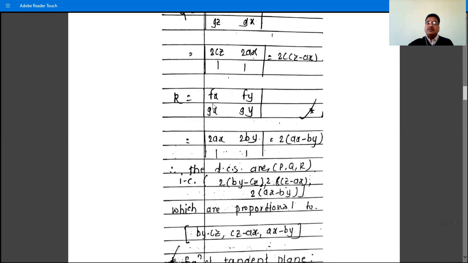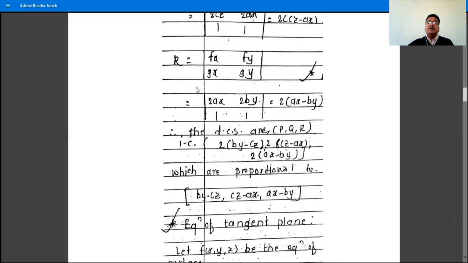Similarly, what is capital R? It is the determinant with rows F_x, F_y and G_x, G_y, which is the Jacobian ∂(F,G)/∂(x,y). The value of the Jacobian is the determinant with rows 2ax, 2by and 1, 1.